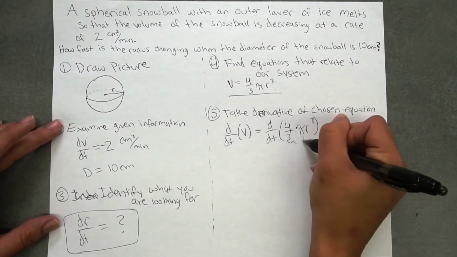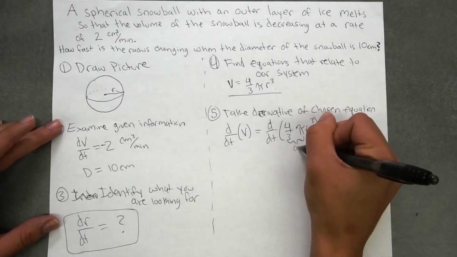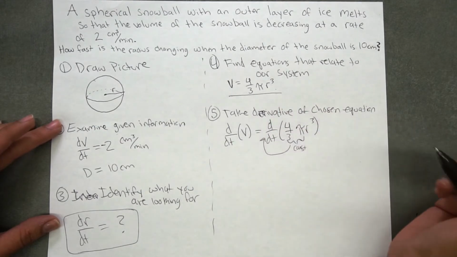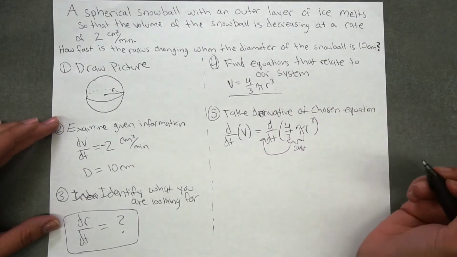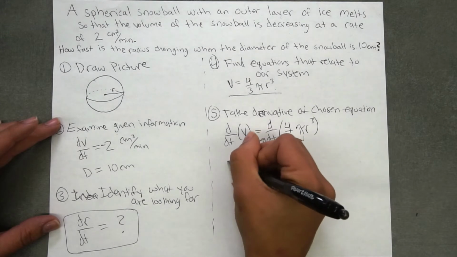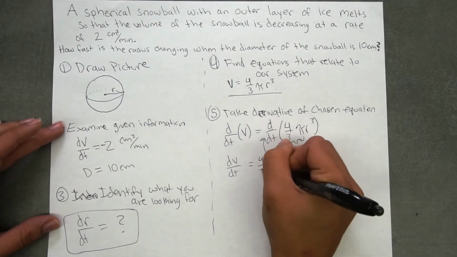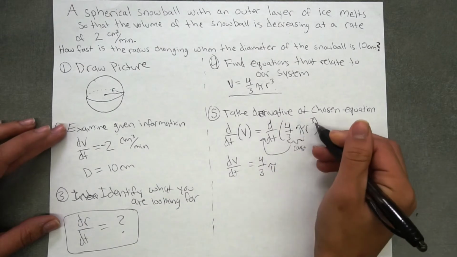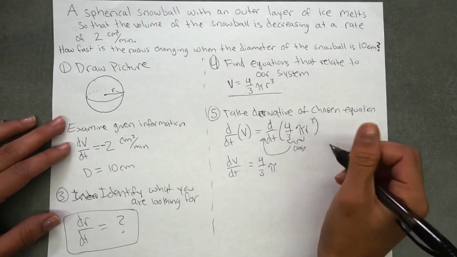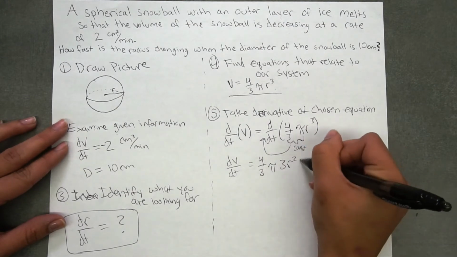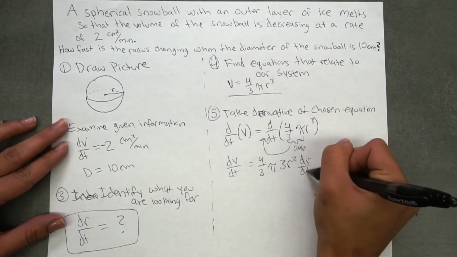So this 4/3 pi term, it's a constant, so we can just take it out and multiply it by the derivative of r cubed. So it's going to become dV over dt equals 4/3 pi, and then the derivative of r cubed with respect to time is 3r squared dr dt.